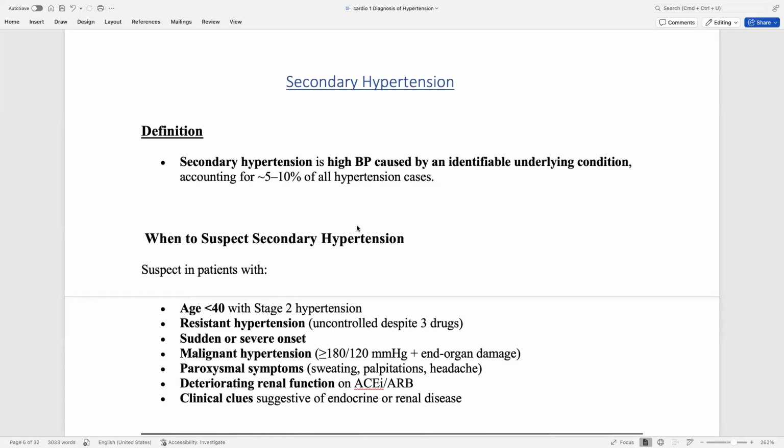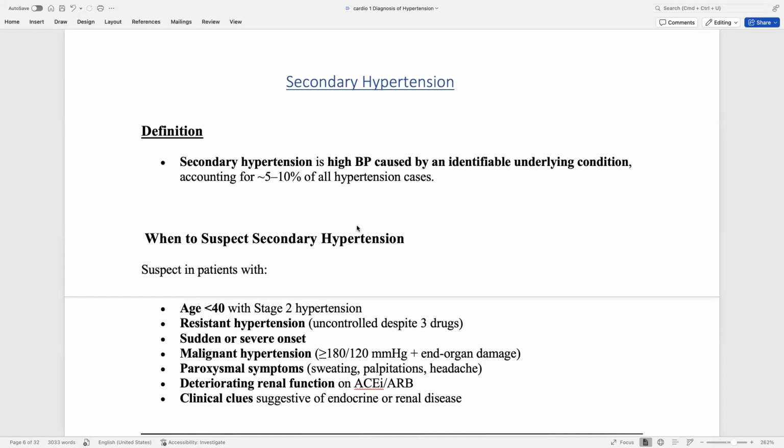A patient with difficult to treat blood pressure, we need to think of secondary hypertension, if 3 medications are not controlling. Below 40 with stage 2. Resistant despite 3 medications not controlled.